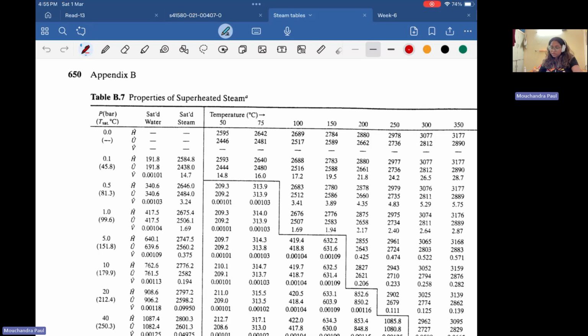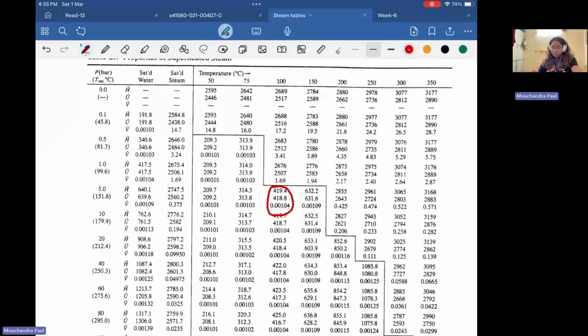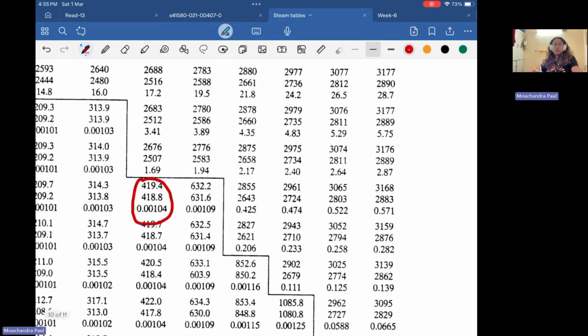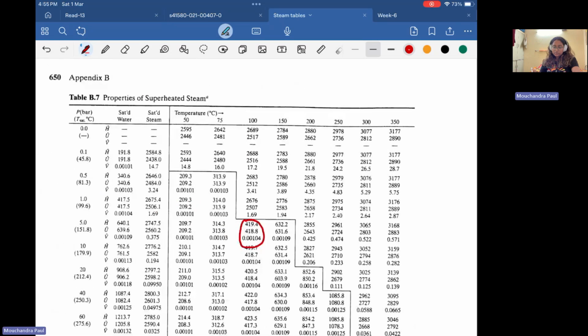You will see these are the values, but it lies within this particular enclosed space. This means that the water is in liquid state. Any value which lies beyond this enclosed space comes under superheated steam.